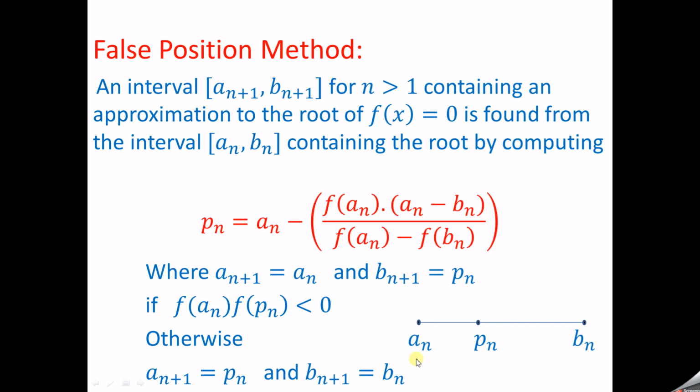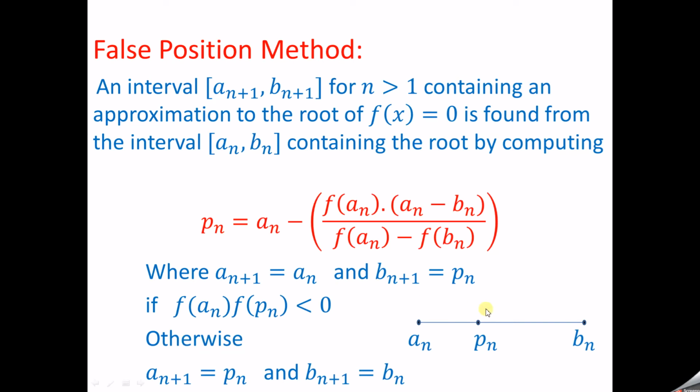So the lower limit a_{n+1} for the new interval will be the same as a_n. The upper limit b_{n+1} is equal to p_n. This will be the new upper limit, and this is the new lower limit. So a_{n+1} is a_n and b_{n+1} is p_n, if this condition is satisfied.